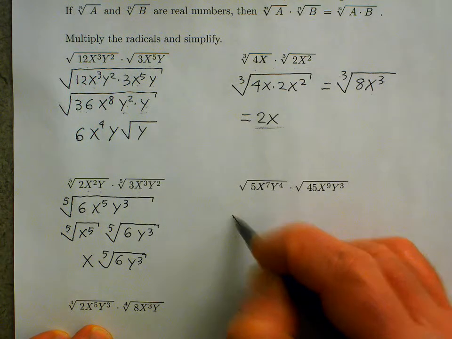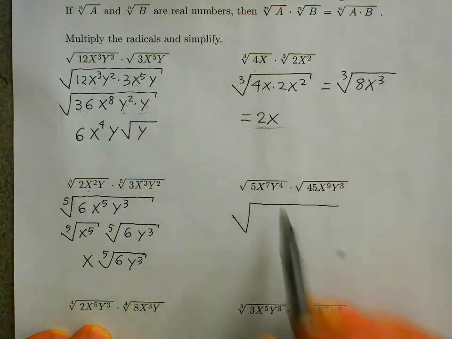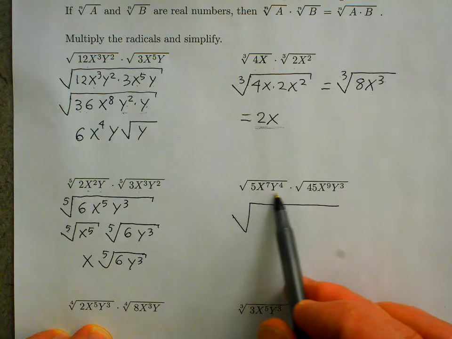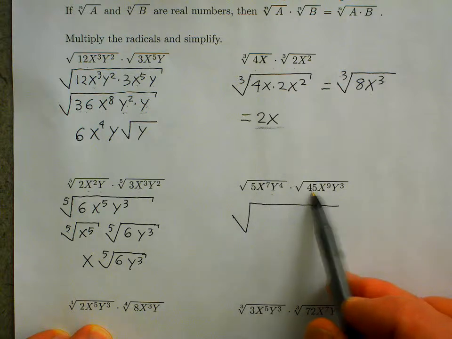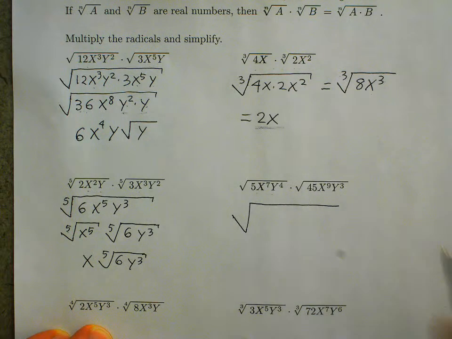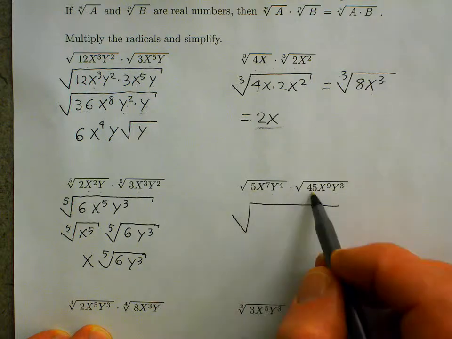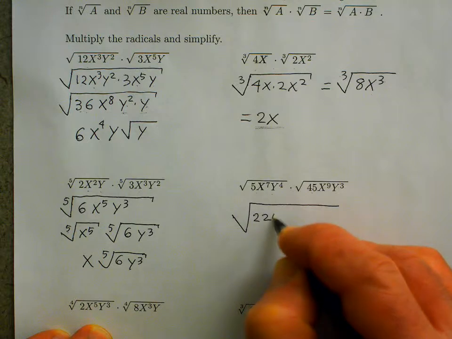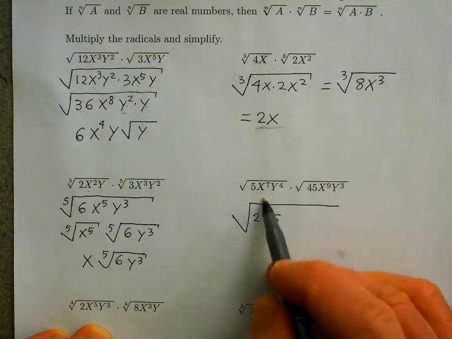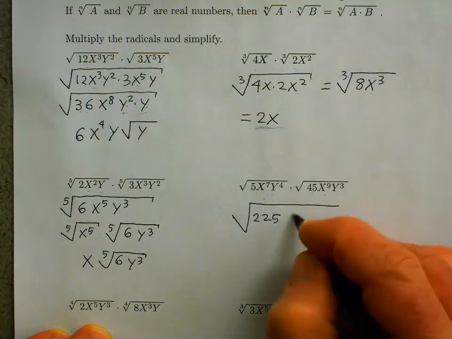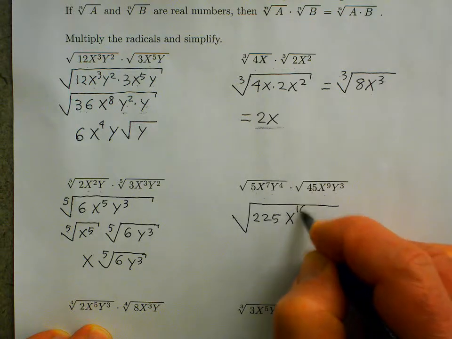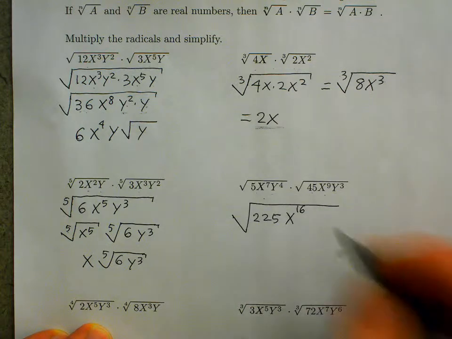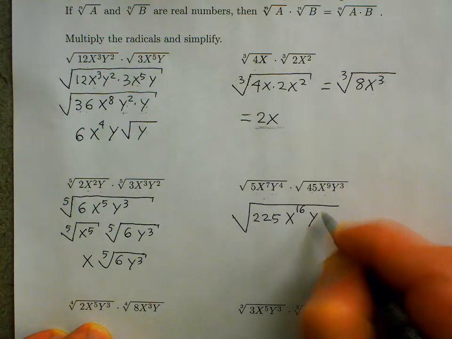So when we write it as a single square root, we'll multiply the radicands. 5x to the seventh y to the fourth times 45x to the ninth y to the third. 5 times 45 is 225. X to the seventh times x to the ninth is x to the 16th. And y to the fourth times y to the third is y to the seventh.